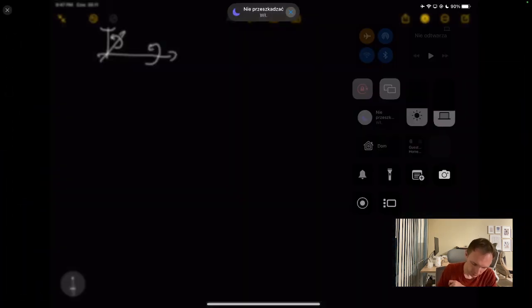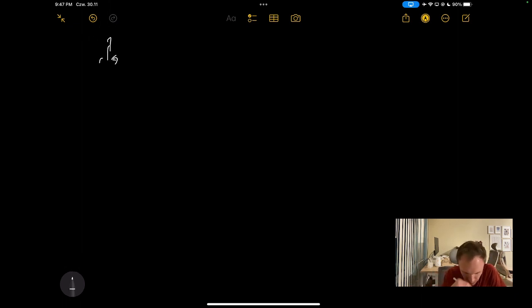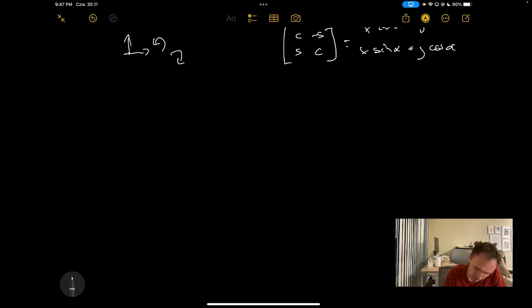All right, so here we have the screen. Let me erase this real quick. There's a couple of ways to represent this, but first of all, we're going to work on 3D pose. A 3D pose has a rotation component and a position component.